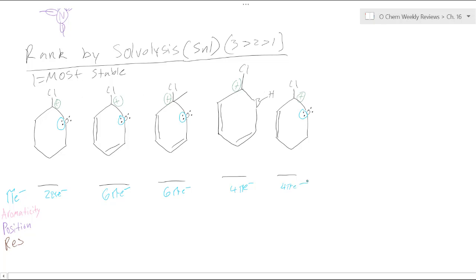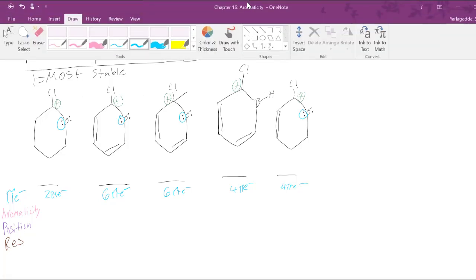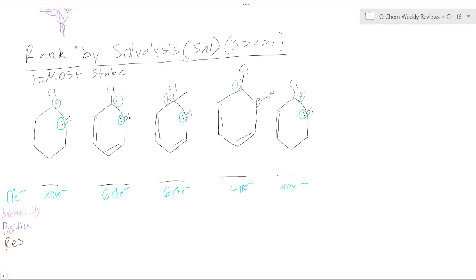Now, based on this and based on everything else, all of our 4 rules, let's assign aromaticity to this. Right off the bat, the quickest thing to observe is I can see some sp3 carbons. So this should be easy. It's going to be non-aromatic. Okay?